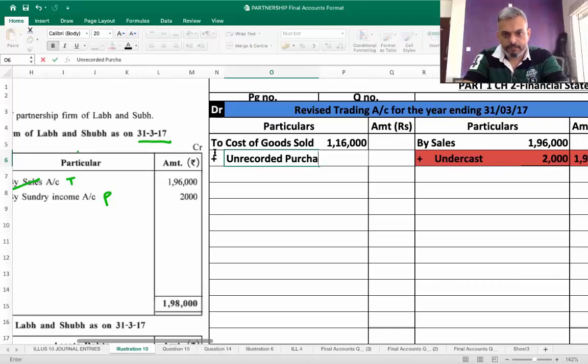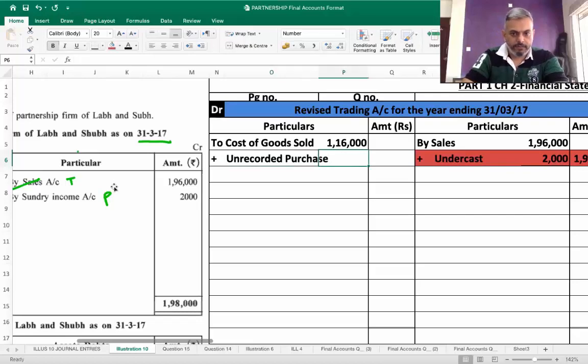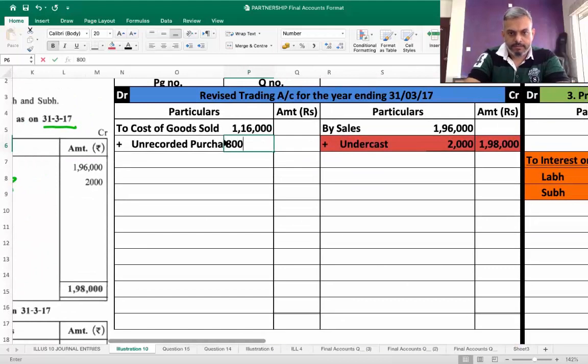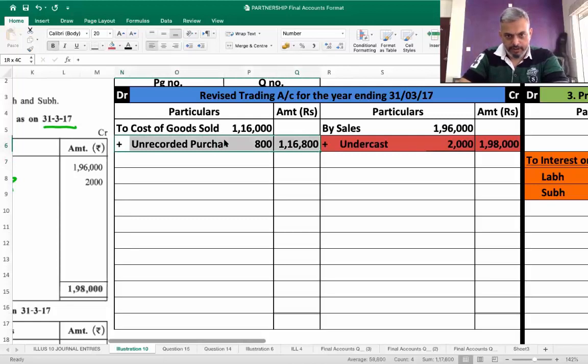We add to trading account cost of goods sold.